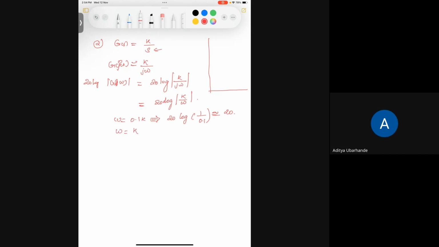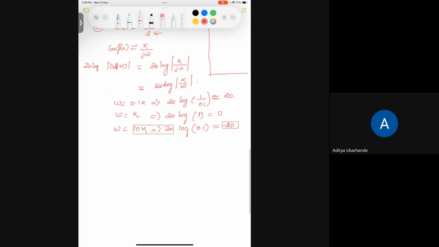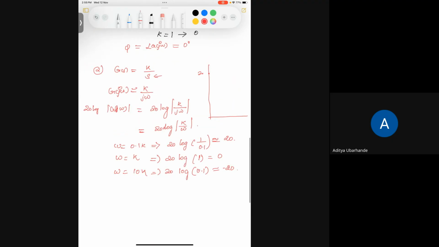When omega equals exactly k, it is 20 log of k by k, which is 0. And when omega equals 10k, 20 log of 1 by 10, which is 0.1, gives minus 20. So the values go 20, 0, minus 20, and your plot would look like this as the frequency changes: 0.1, 1, 10.